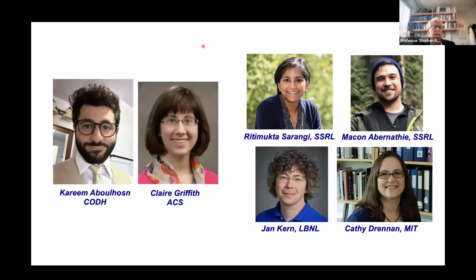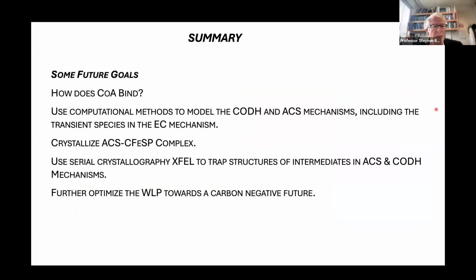So I've been highlighting work that was done by Karima Bulson, as well as the X-ray absorption collaboration with Riti Mukti and Macon, and then XFEL work with Jan Kern, and then long-term work with Kathy Drennan on all these proteins in the Wood-Ljungdahl pathway.